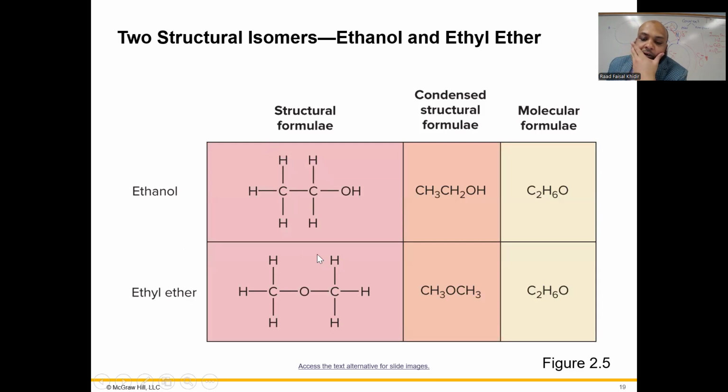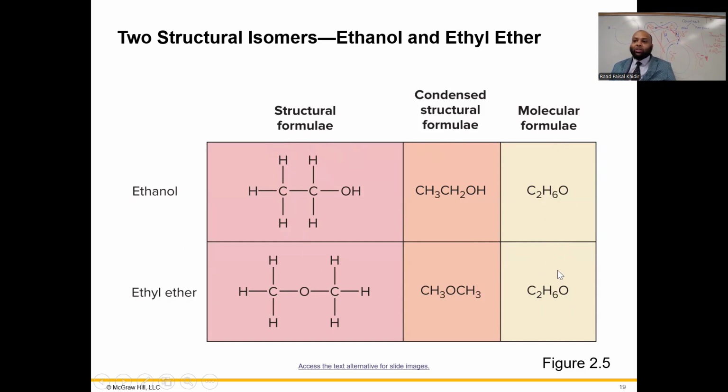So if you look here, look at the structural formula, the condensed structural formula, and the molecular formula. The molecular formula for ethanol and ethyl ether is the same. You see my mouse? Both of them have how many carbons? Both have how many hydrogens?